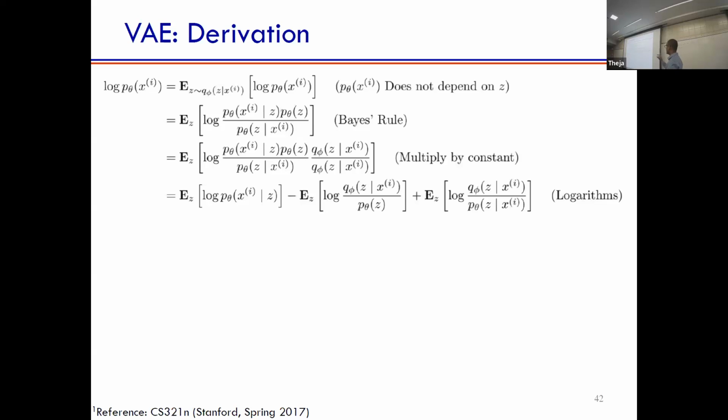We introduced some numerator and denominator, which is the same thing, and separated our terms like this. The minus sign is just so that you bring the P term to the denominator. Everything is log.